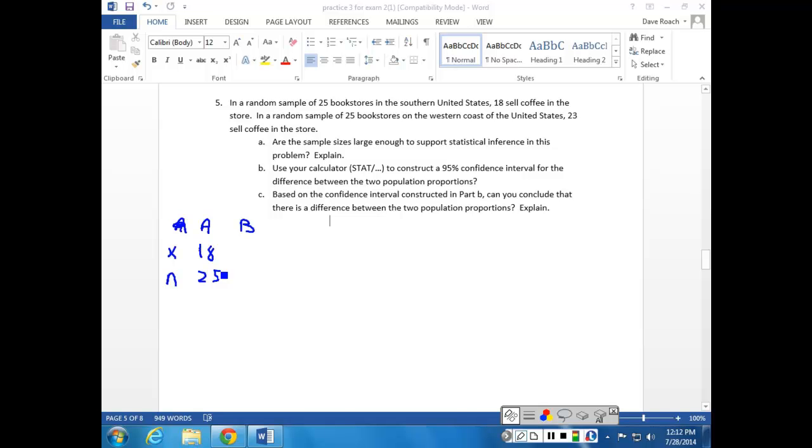And in the second group, that was 23 out of 25. So P hat A is going to be 18 out of 25. That's 0.72, just 18 divided by 25. And for P hat B, it's going to be 23 out of 25, and that's going to be 0.92.